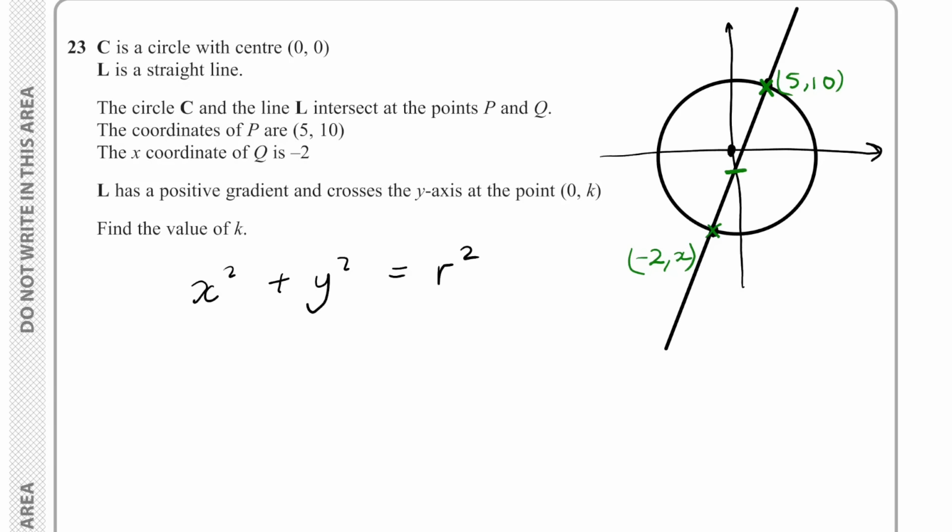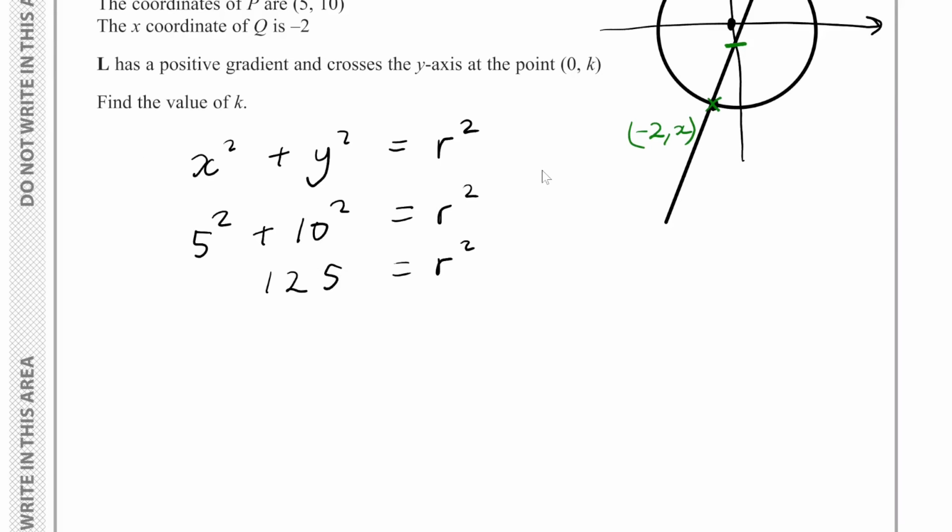And we can work out what the equation is using the point 5, 10. So 5 squared plus 10 squared equals radius squared. 25 plus 100, 125 equals radius squared. So the equation of the circle is x squared plus y squared equals 125.